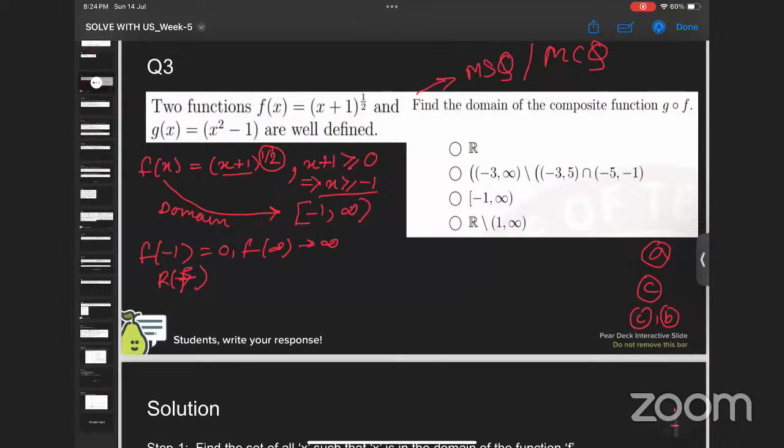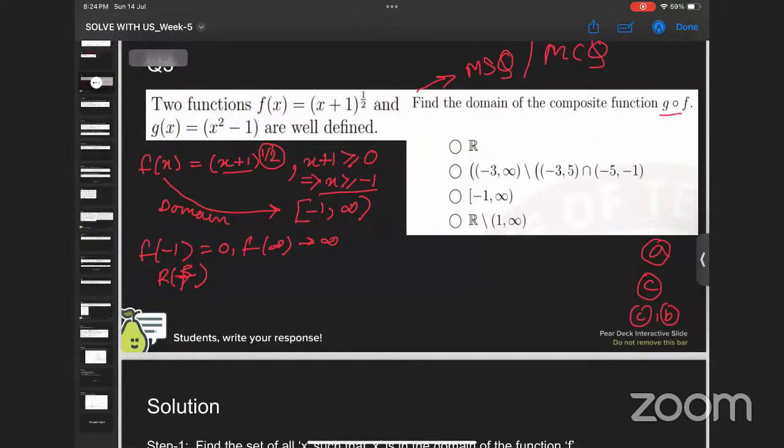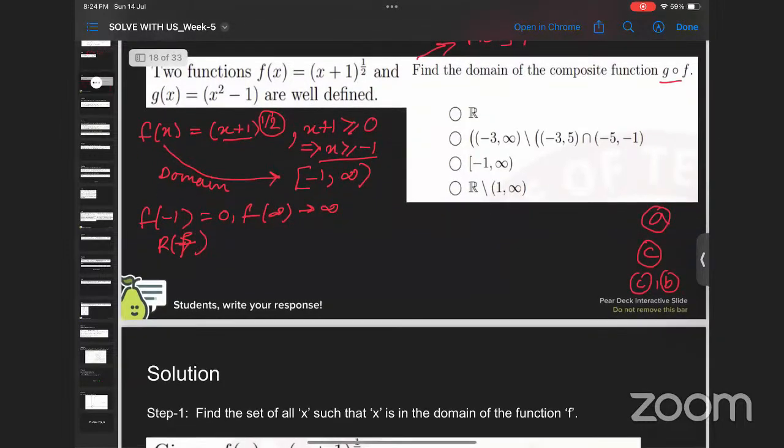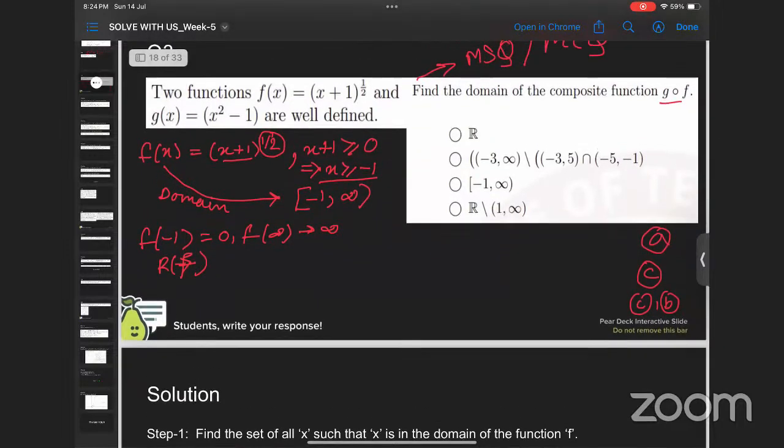No. g of f and f of g are not necessarily the same. They may be the same sometimes, but in general, they are not the same. We can discuss some examples of that after we finish this question.